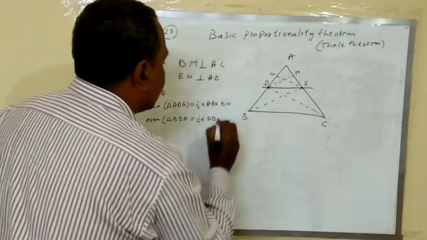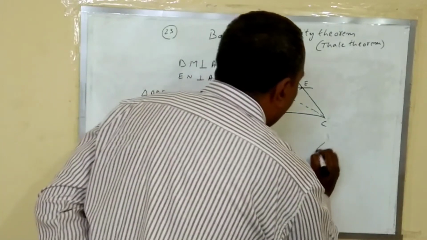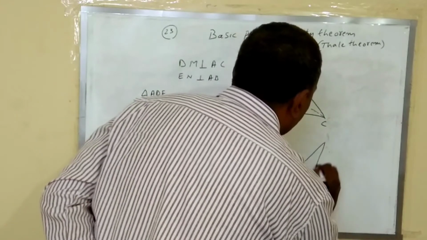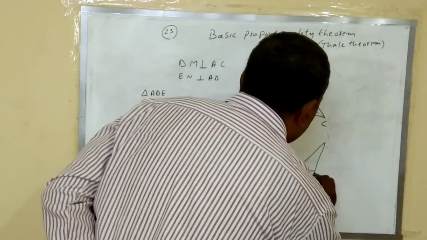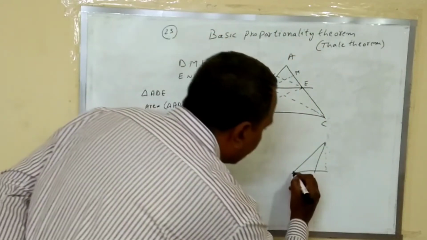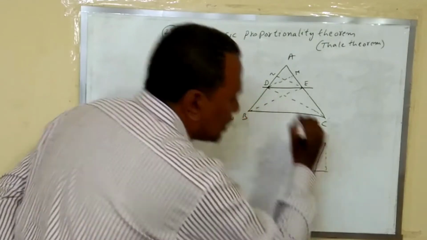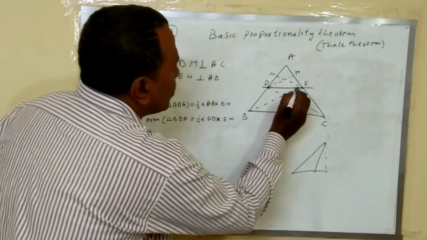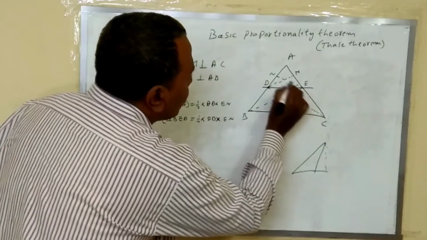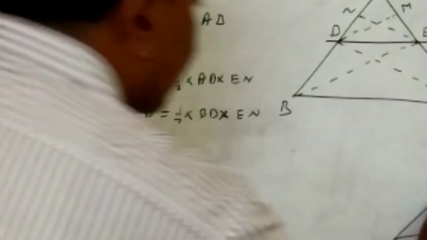So this is the height EN. That means if you take an obtuse triangle, this can be the base and this will be the height. Okay, a perpendicular line joining the extension of the base and the opposite vertex. So this can be the height. So this is an obtuse triangle, so the height of this triangle is EN. Okay. So this is like this.